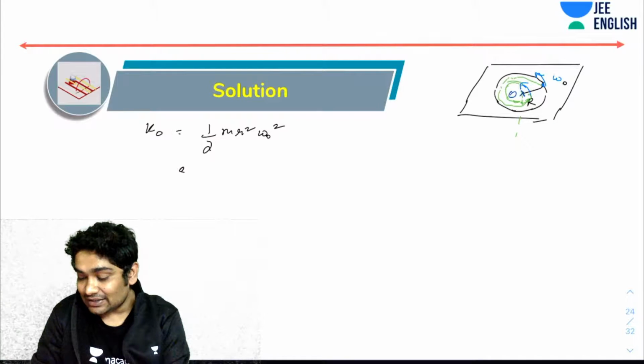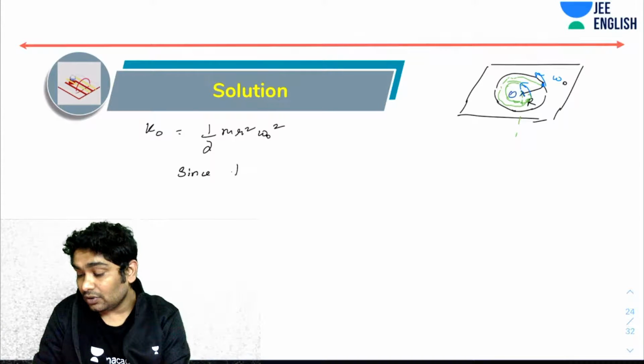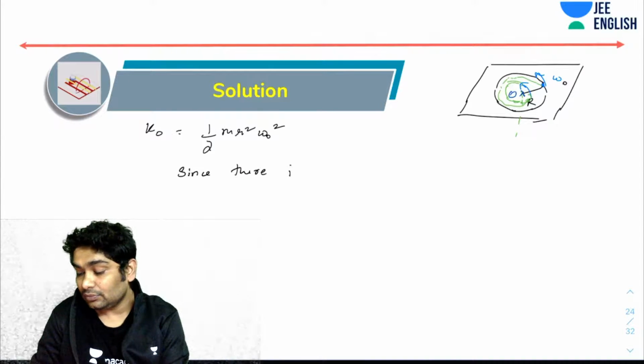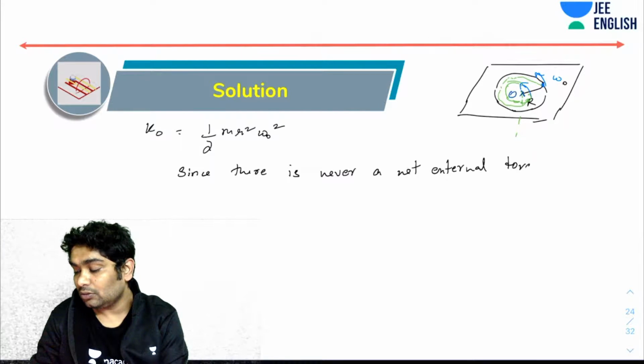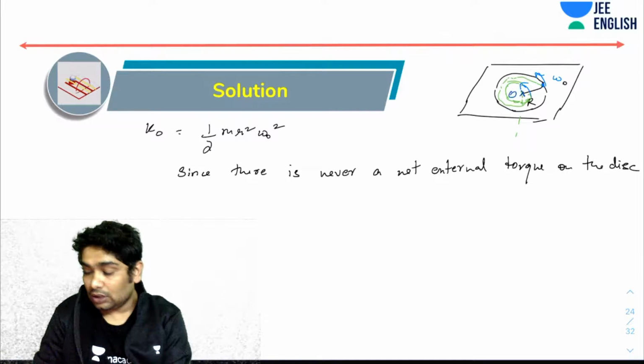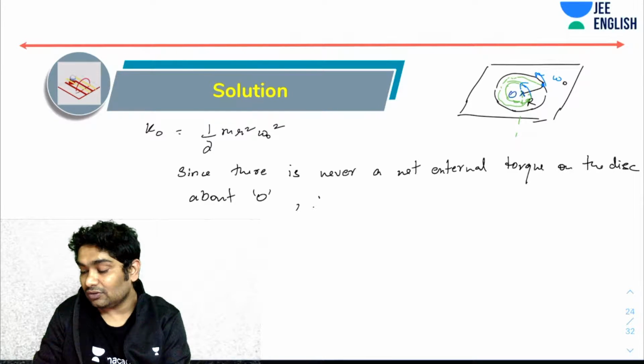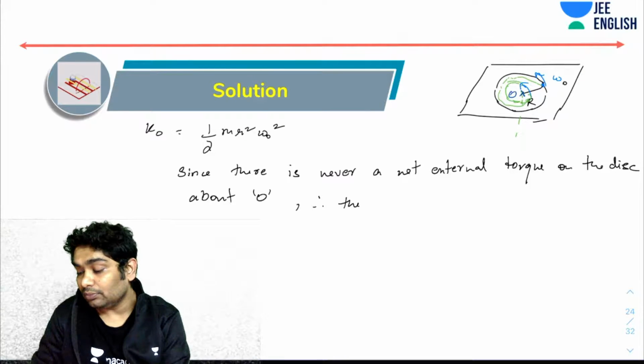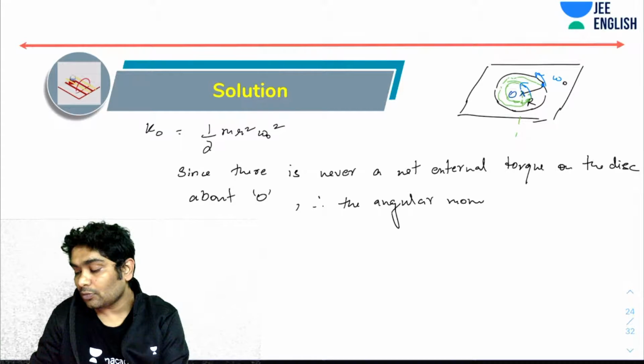So I can say, since there is never a net external torque on the disk about O, therefore the angular momentum of the disk is conserved.